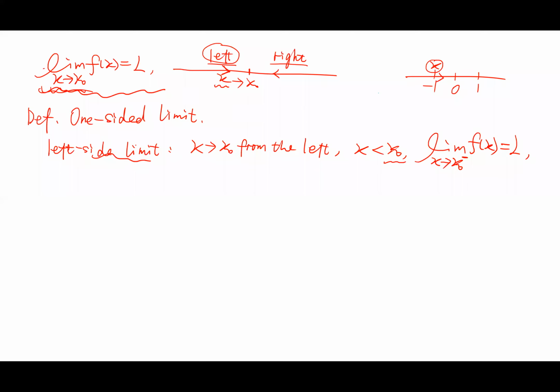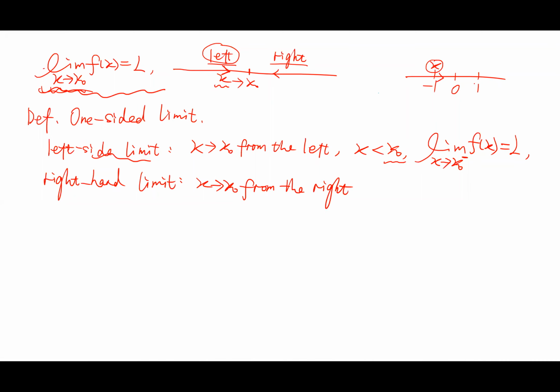And then we have the right side limit, or we can call it the right hand limit. That means x approaches x0 from the right.